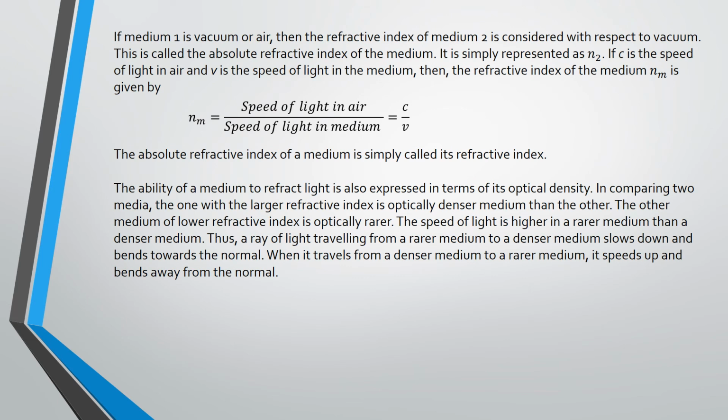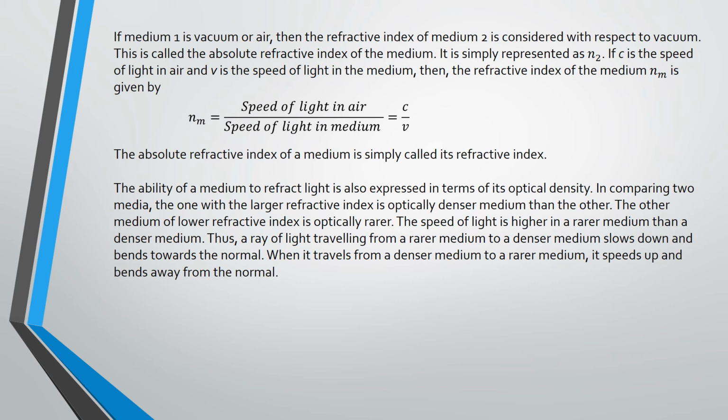If C is the speed of light in air and V is the speed of light in the medium, then the refractive index of the medium Nm is given by Nm equals speed of light in air by speed of light in medium, which equals C upon V. The absolute refractive index of a medium is simply called its refractive index. That's a point to note.